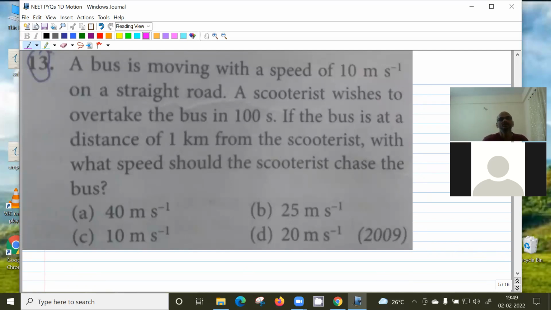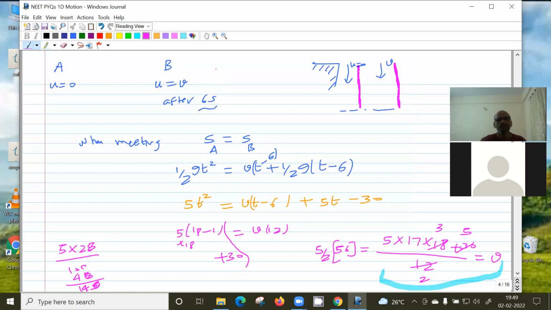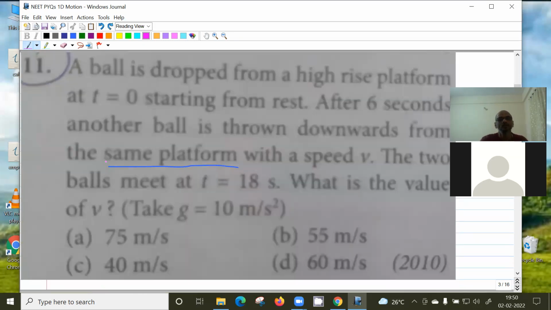And the scooter is... So the previous one, sir, 75. How did you get 75? This step is correct or not? Which step, sir? This one. No, sir, I solved from the first equation, the blue one, half g t square plus d.